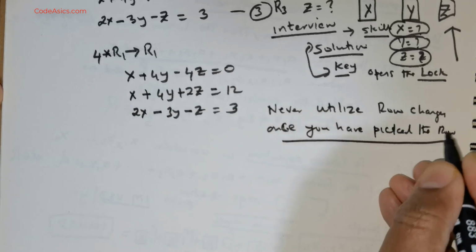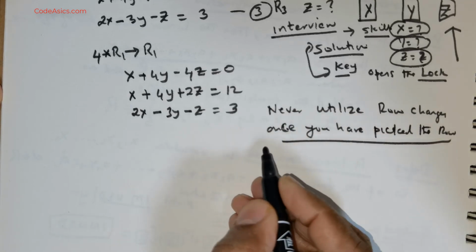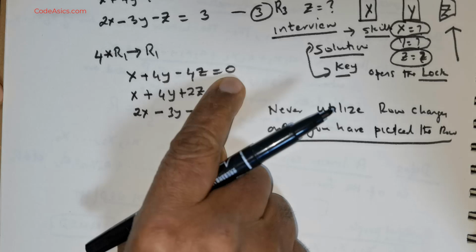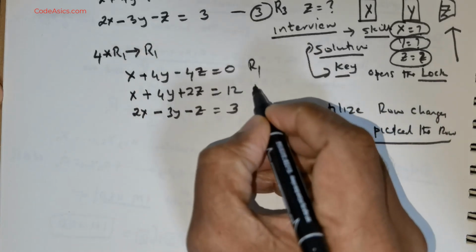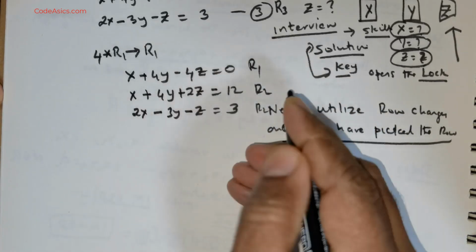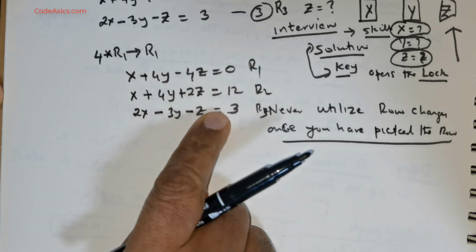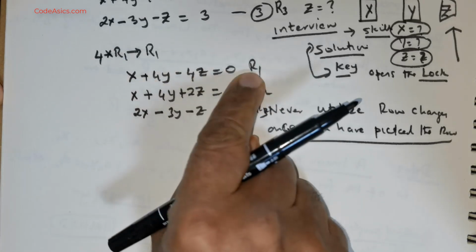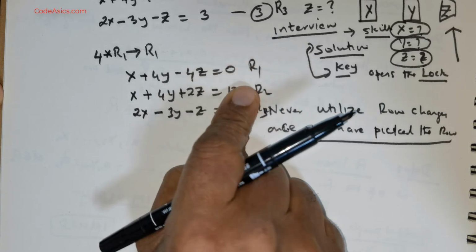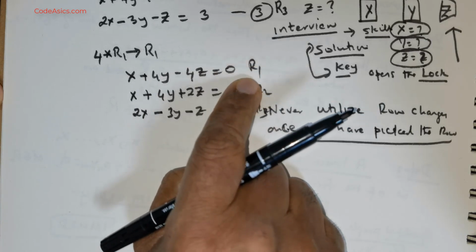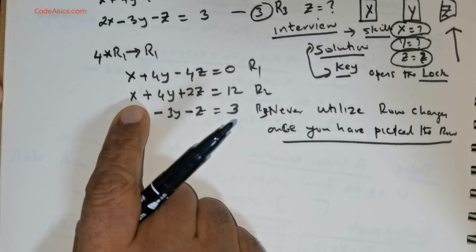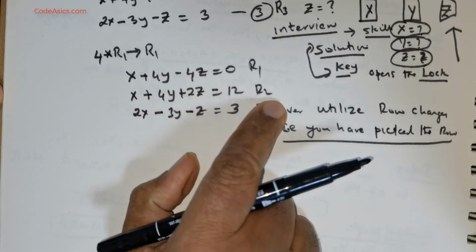What do I mean by this? If I'm going to be utilizing row 1 for changing row 2 and row 3, I cannot change row 1's utilization and replace it with row 2.